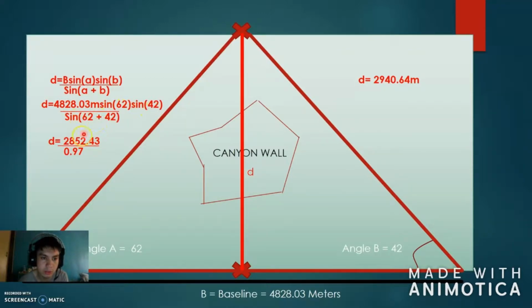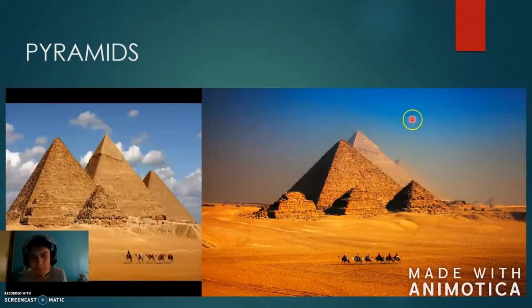Sine 62 is 2,852.43, and sine of 62 plus 42 is 0.97. So you will divide this and you will come up with this answer. So the distance is 2,940.64 meters.